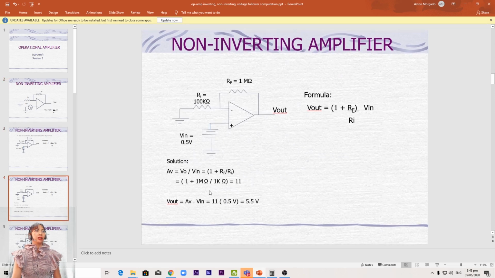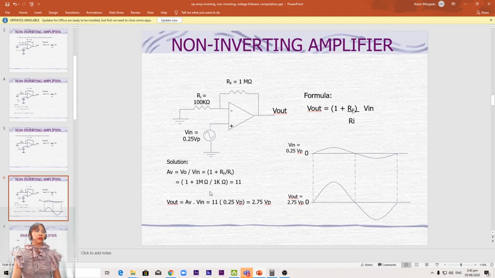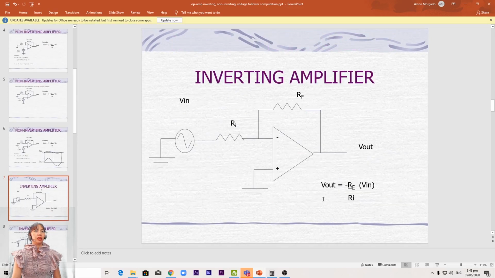Whereas for the inverting, again we have RF from output to input, then we have the RI connected to the negative input, but take note of the Vin here, it is connected at the negative.